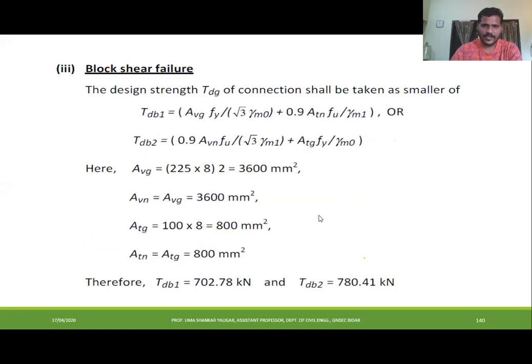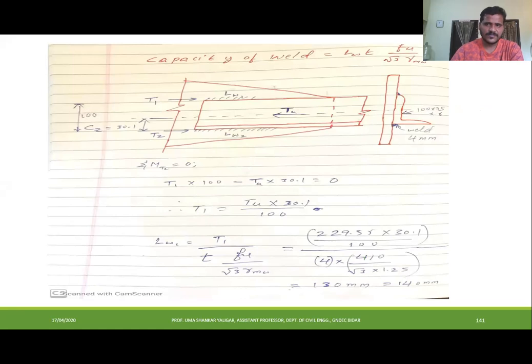If I want to calculate that, here you can see the capacity of any weld. We have seen this formula while solving welded connection problems in your class. The capacity of any weld is equal to Lw into t into fu divided by square root of 3 gamma mw.